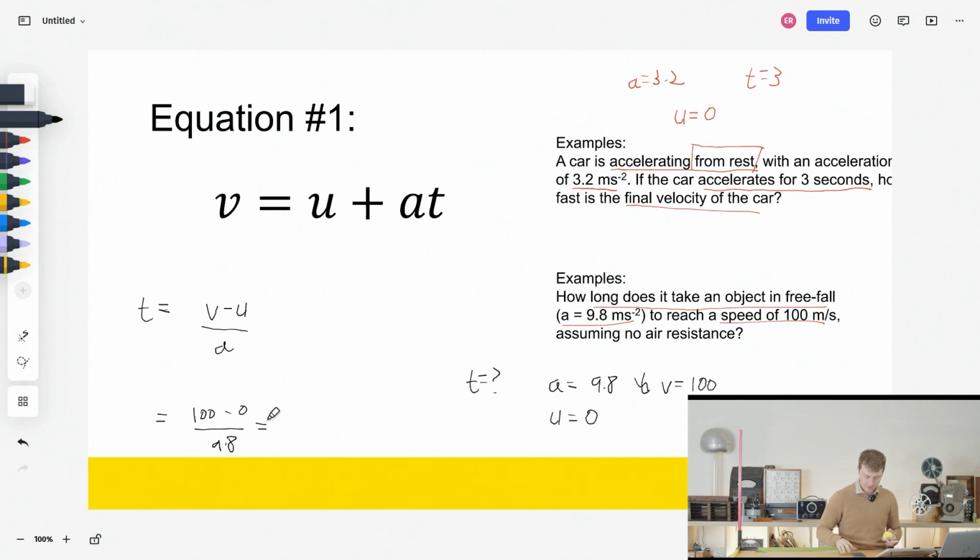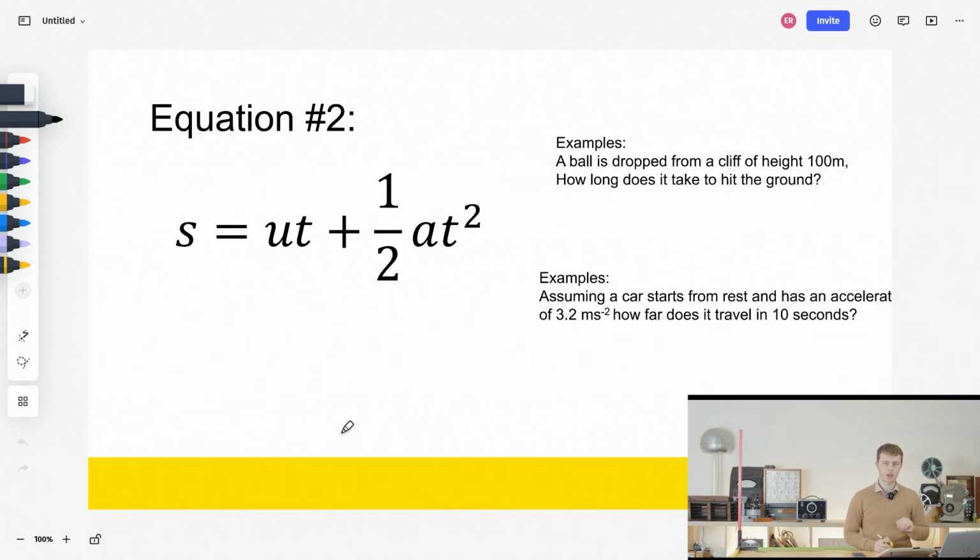Oh, I almost did 100 minus 0 divided by 9.8. That would have been really bad. Anyway, we get 10.2 seconds or so. There you go, right? You can answer these sorts of questions now. Let's move on to the next equation.